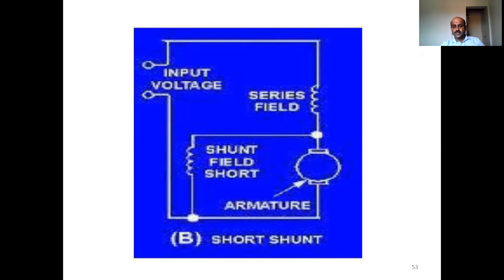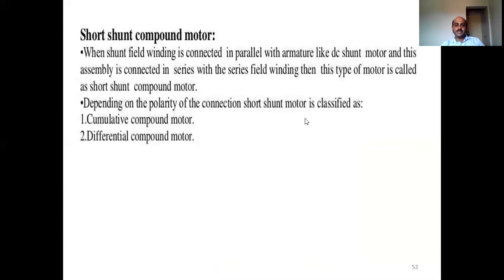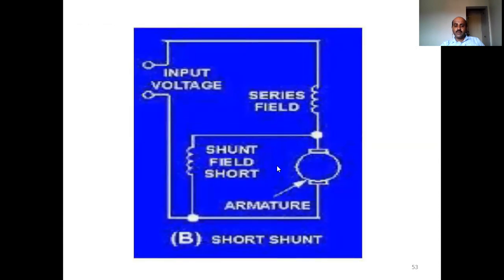So you are connecting the short shunt field parallel to the armature, which in turn is connected in series with the series field. Such a type of field, we call it a short shunt compound motor, where the shunt field winding is connected in parallel to the armature, and this is connected in series with the series field.